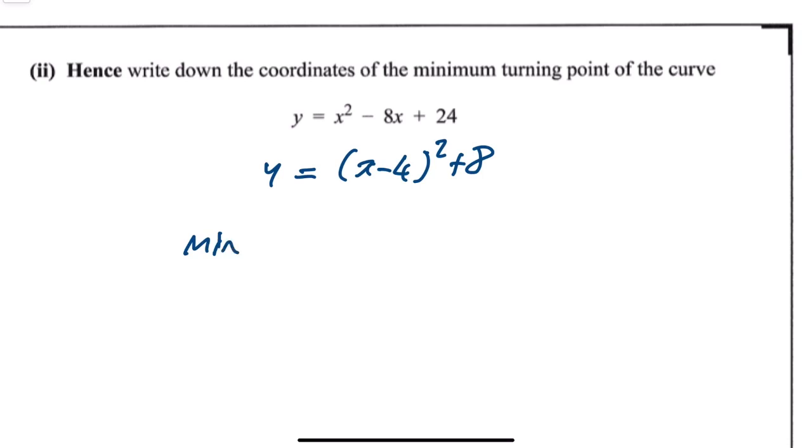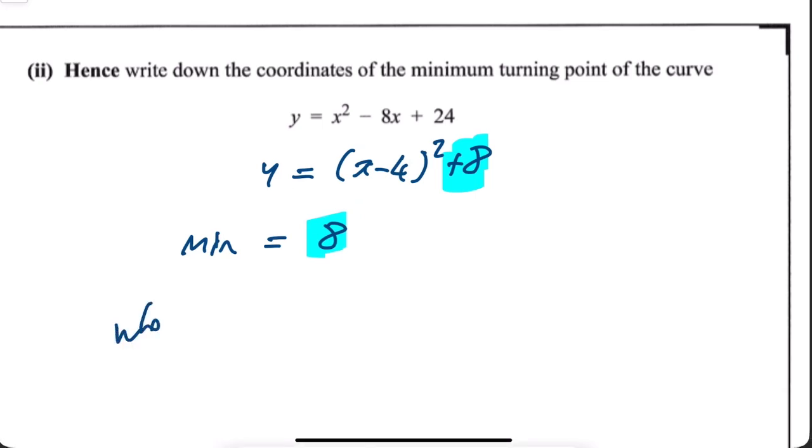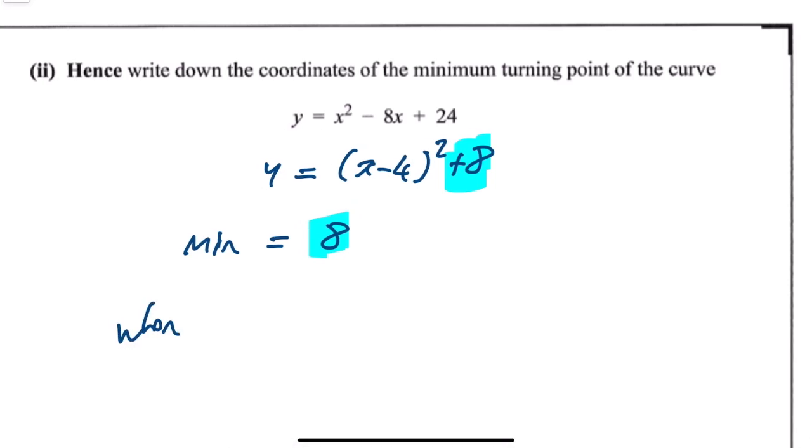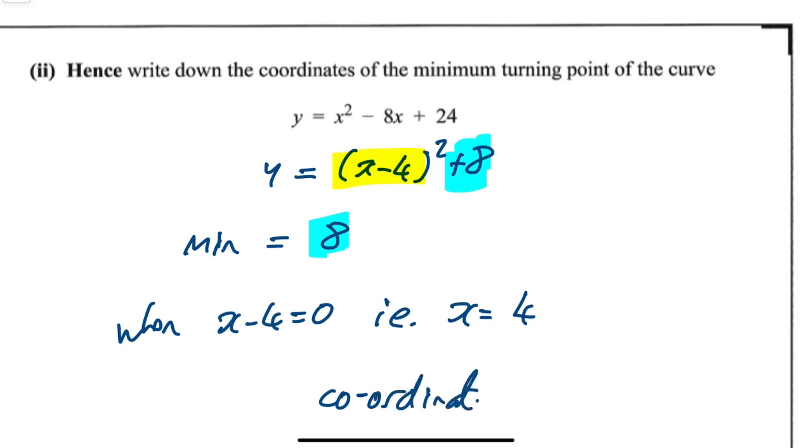So the minimum is equal to 8, and that happens when this bit equals 0, so when x minus 4 equals 0, i.e. when x is equal to 4. So the coordinate, which I forgot to do first time I did this out, is 4, 8, and that's really what they're looking for.